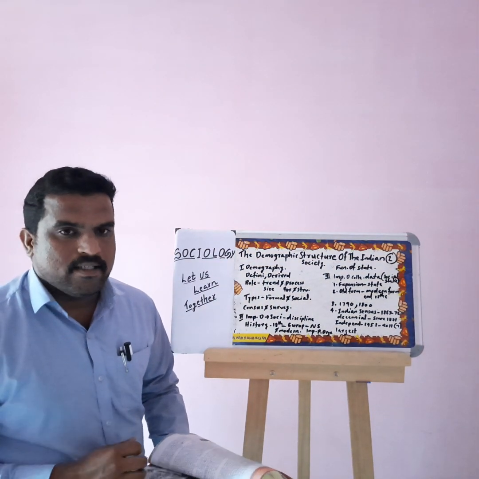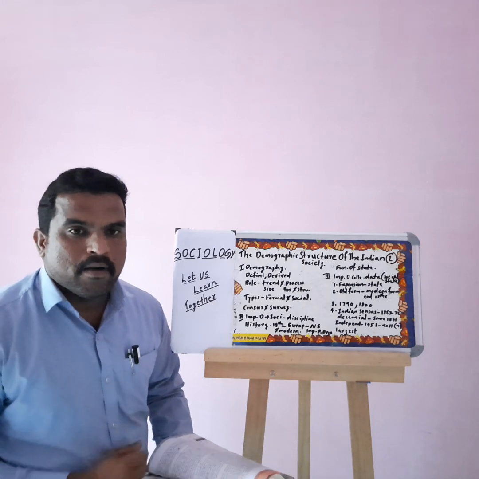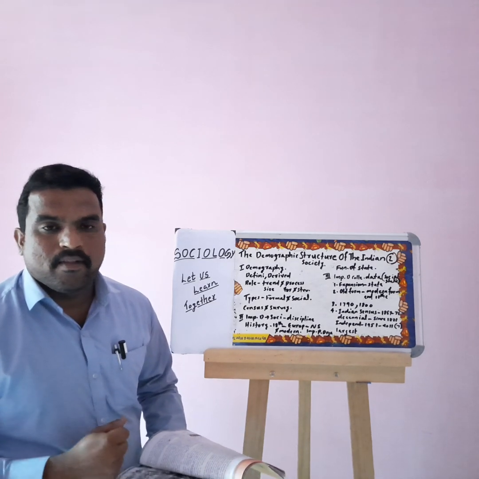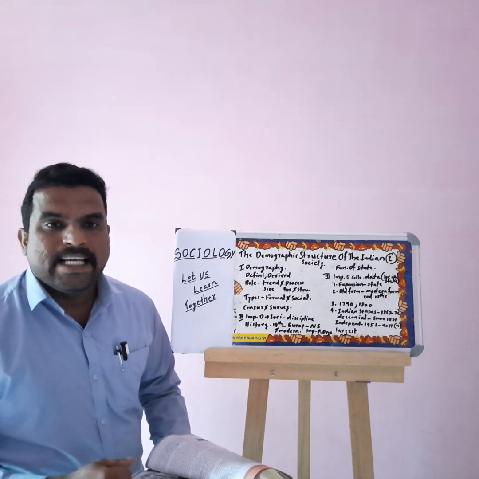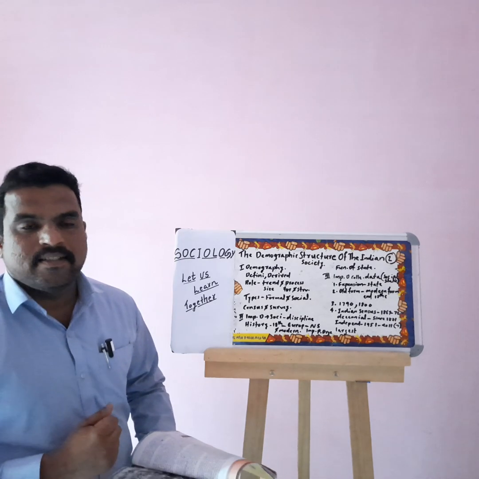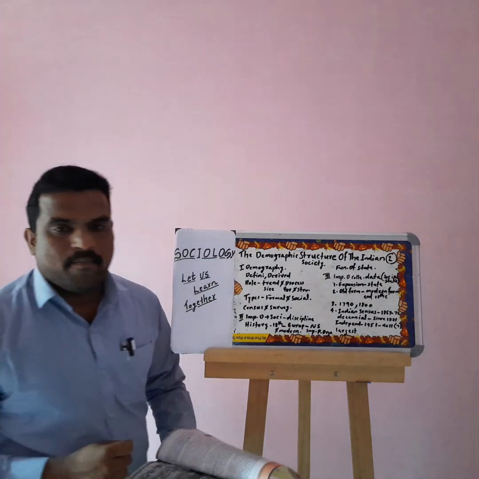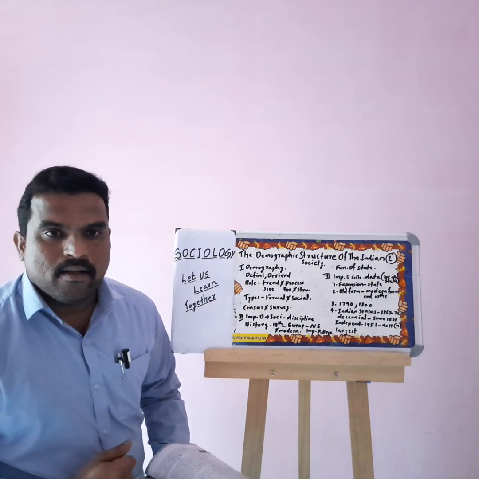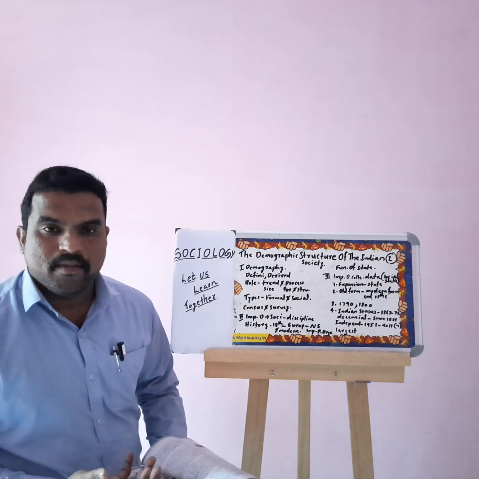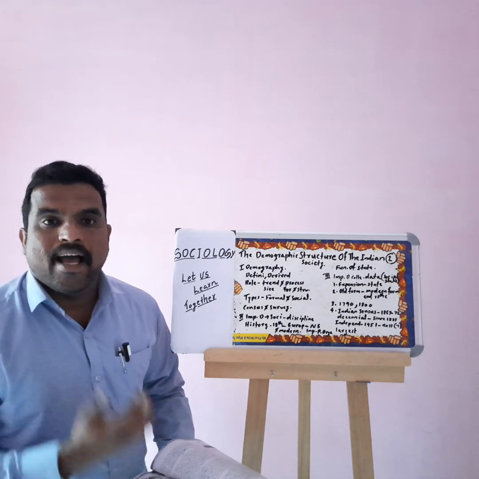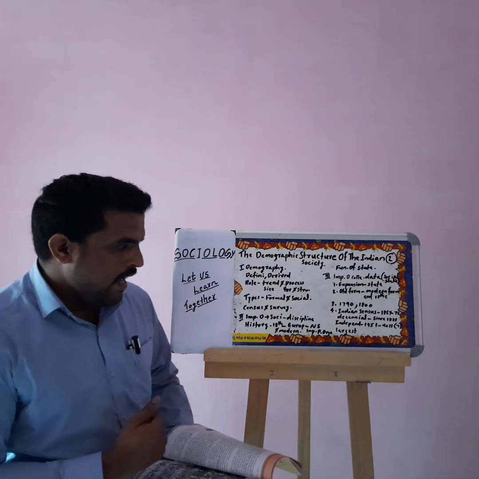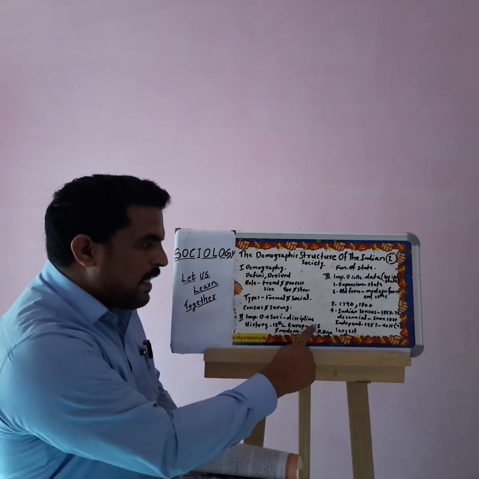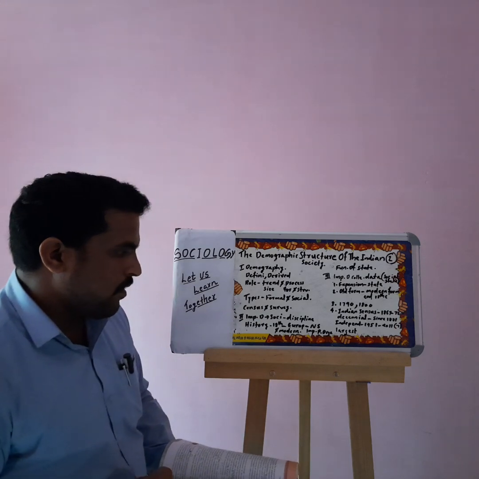Nation state means a group of people who have common culture and language, forming an independent state. This is called nation state. In the 18th century in Europe, nation state formed.